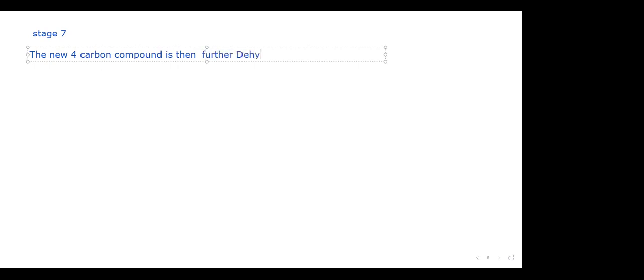Stage 7. The new 4 carbon compound is then further dehydrogenated to produce oxaloacetate.